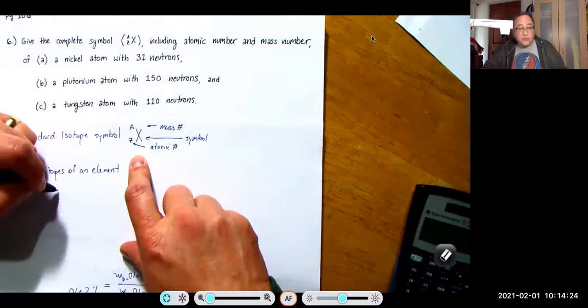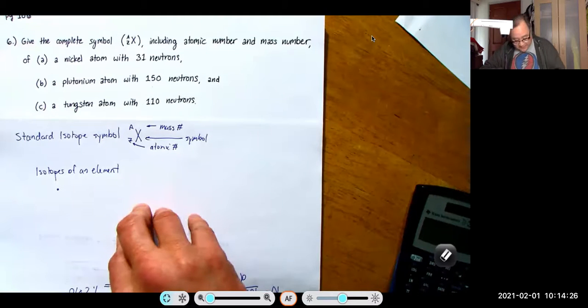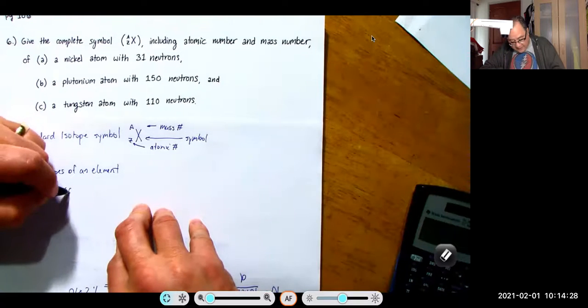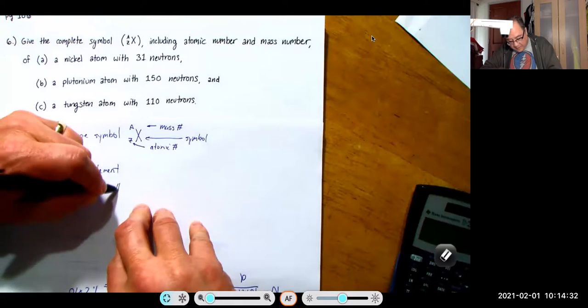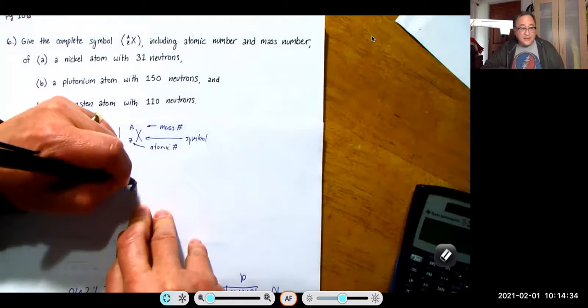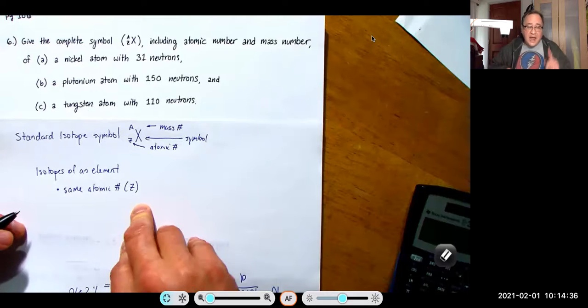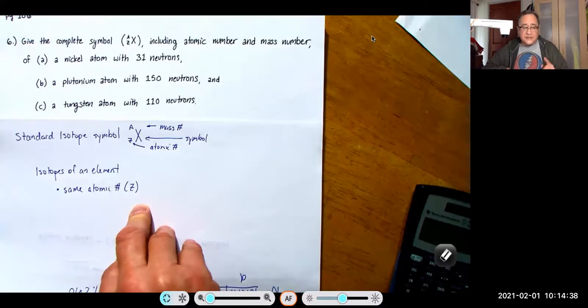Let's write down the two important things about isotopes of an element. They have the same atomic number. And remember, atomic number is Z. So every atom of an element has the same number of protons in the nucleus.